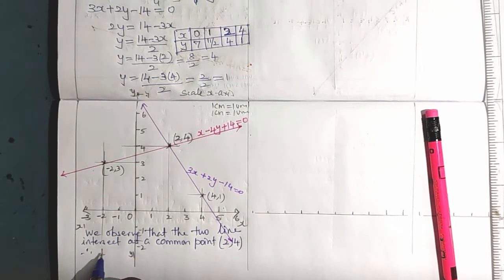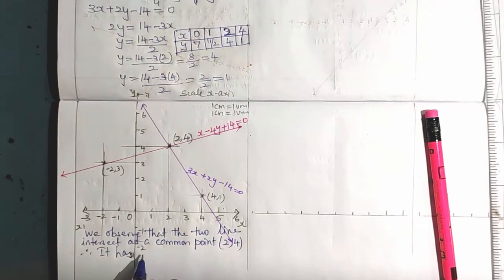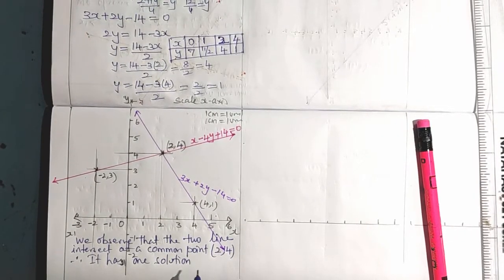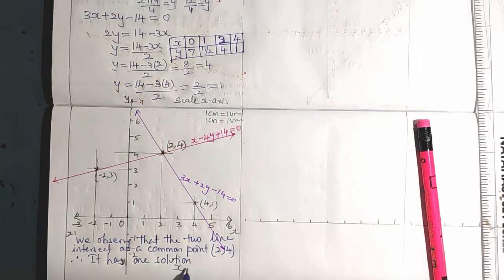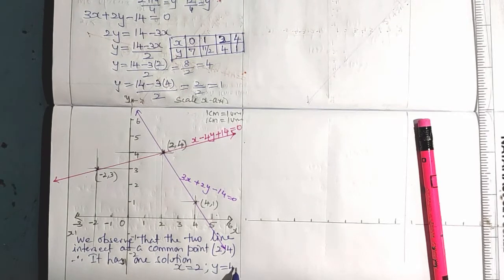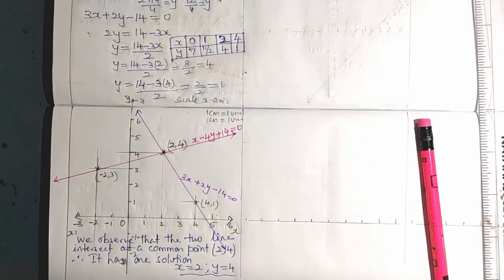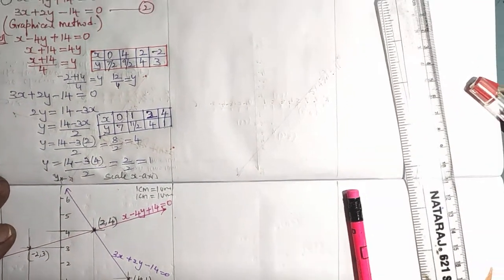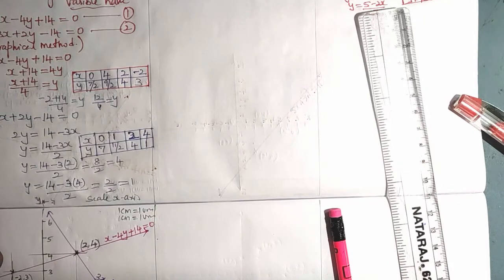Therefore it has one solution. It has how many solutions? One solution. What is that? x is equal to 2 and y is equal to 4 is the solution for these 2 equations by graphical method.